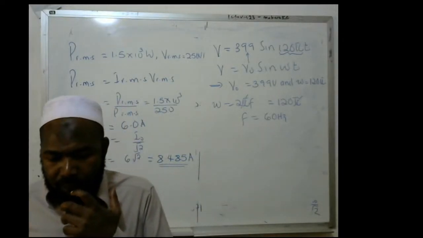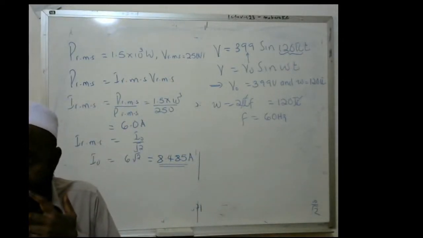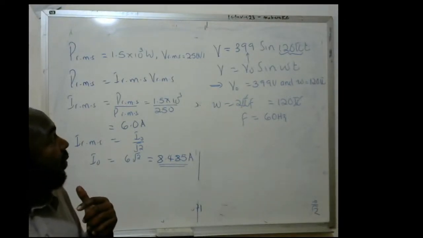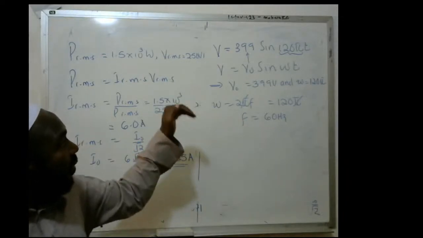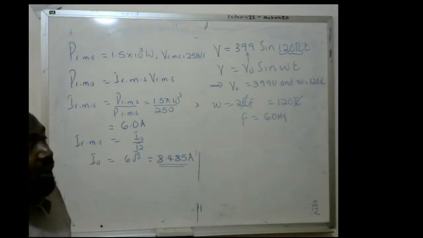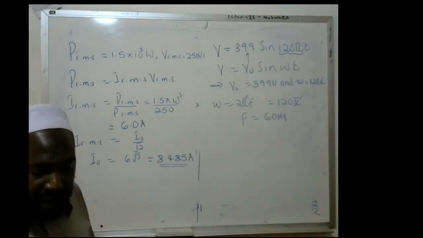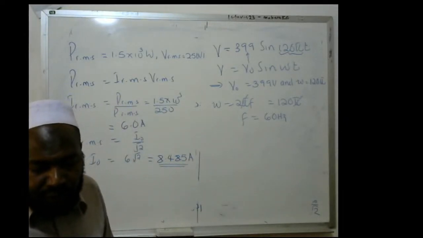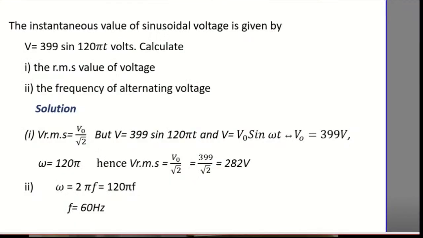Then, how about the root mean square value of the alternating voltage?